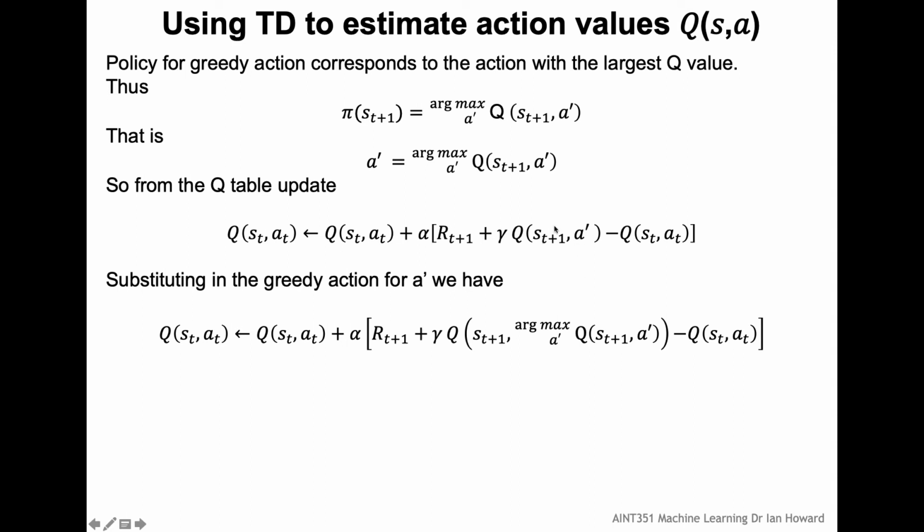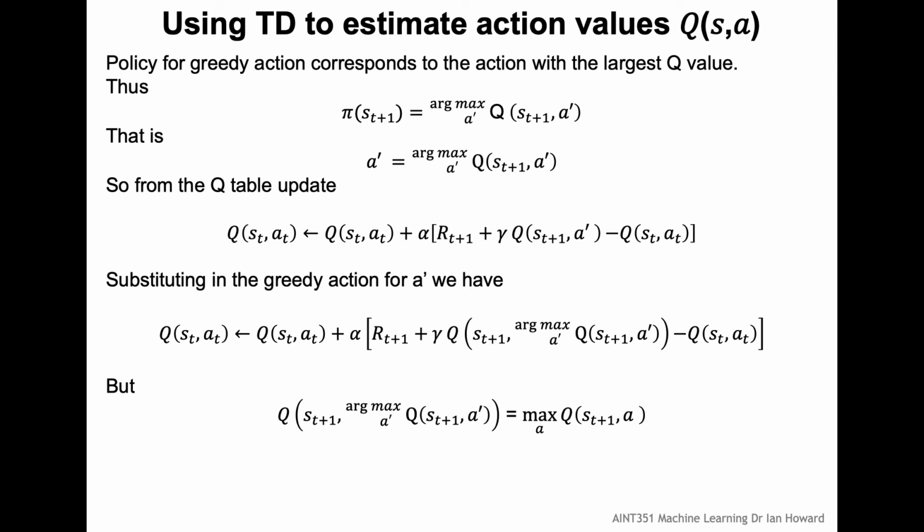We can just write in A prime as being the argument of the maximum of the Q, which basically means we end up getting the best action from this. And we're basically then evaluating the Q value for the next state and the best action for that next state, and using that as the update.